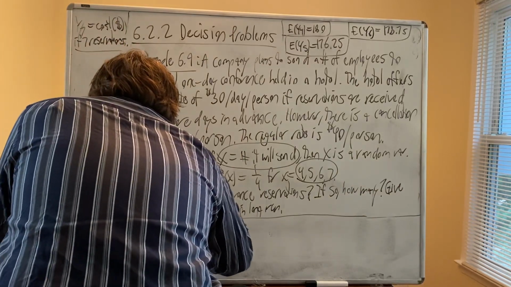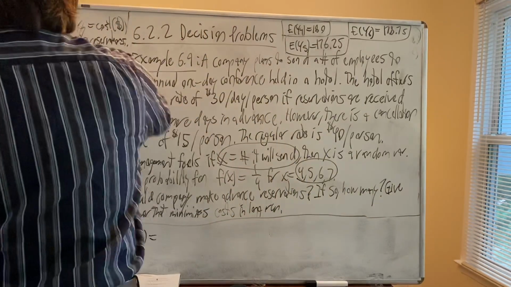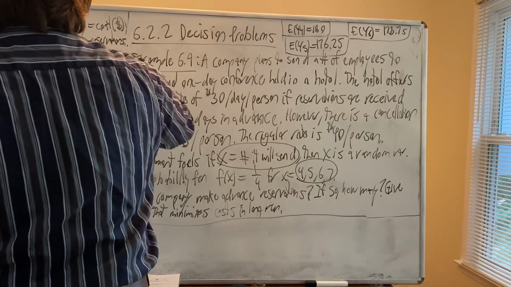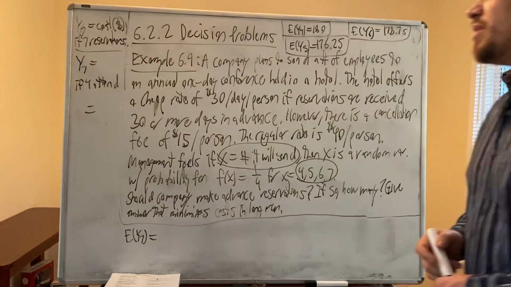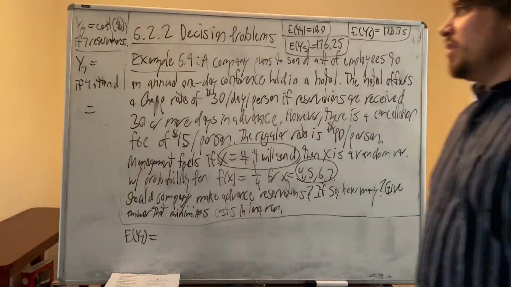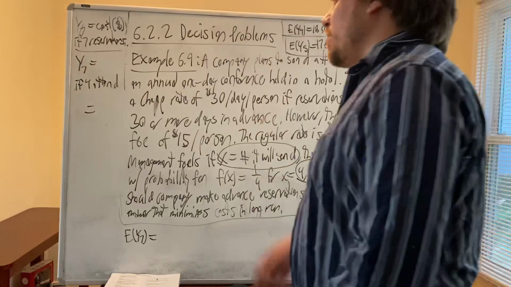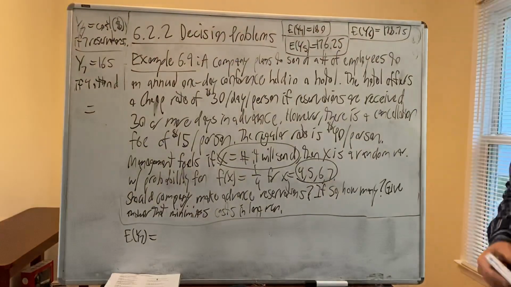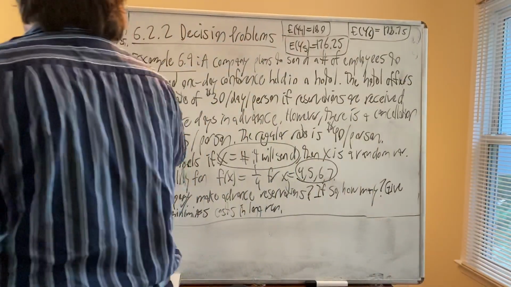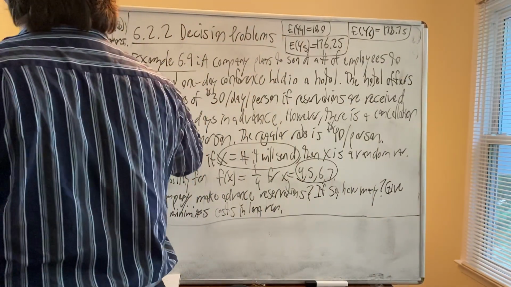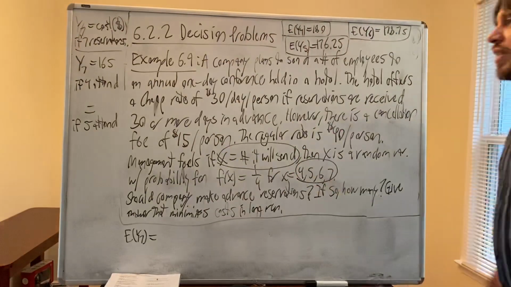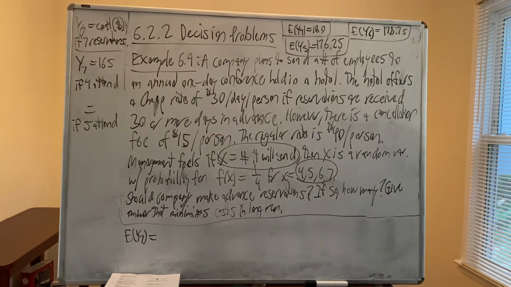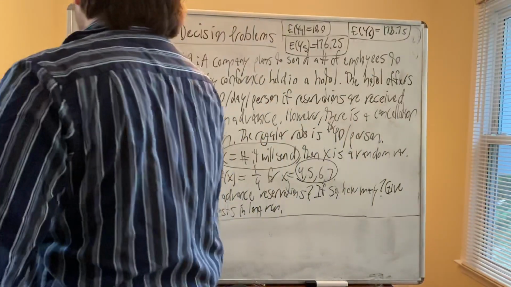So y sub 7 is equal to what if 4 people attend? So 4 people attend and they make 7 reservations. That's 210 minus 3 cancellations, 210 minus 45, which is 165. Now, if 5 attend, they make 7 reservations, so that's $210 minus 2 cancellations, which is minus 30. So 210 minus 30 is 180.